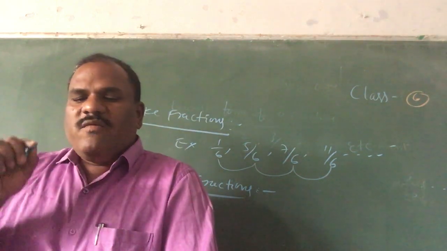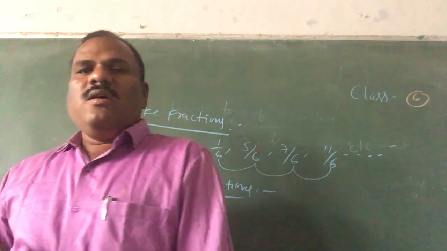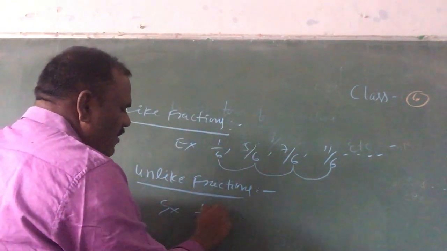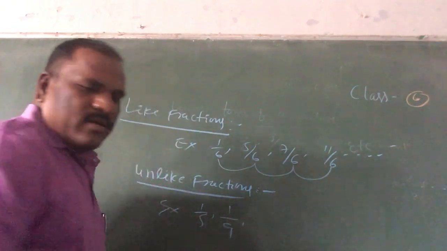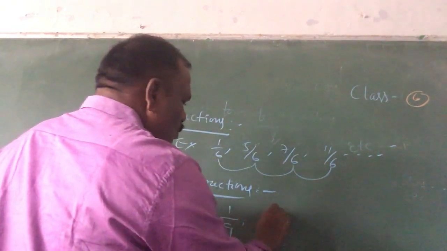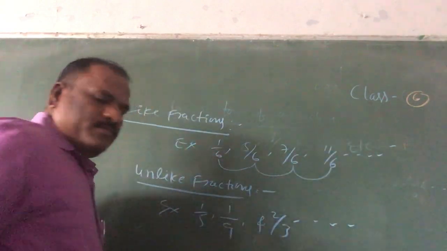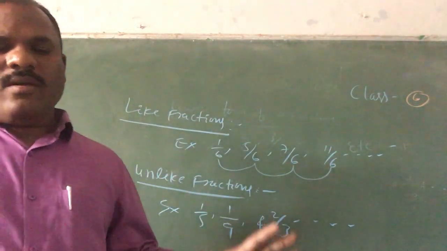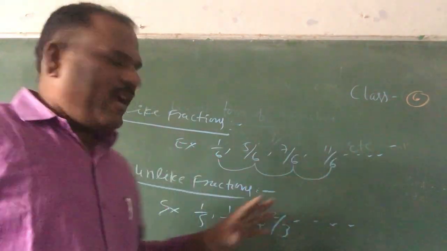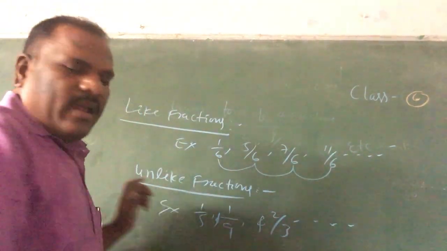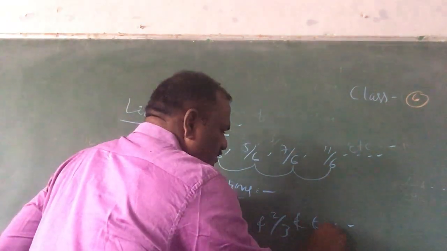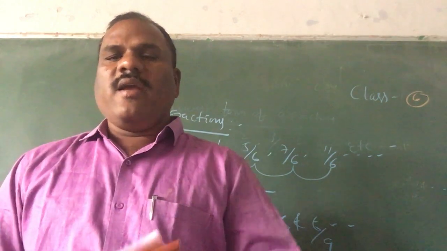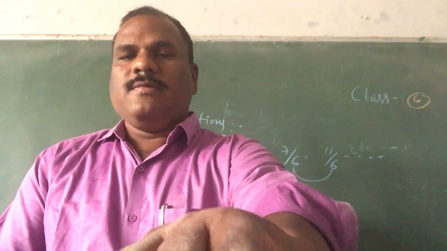For example, see 1 by 5, 1 by 9, and 2 by 3 and 6 by 9. They are all unlike fractions. 1 by 5 and 1 by 9, 2 by 3 and 6 by 9 are called unlike fractions. Okay, children, understood unlike fractions?